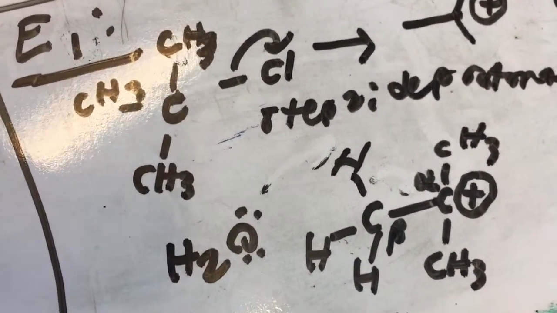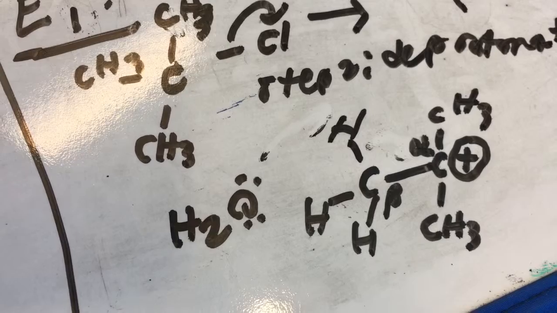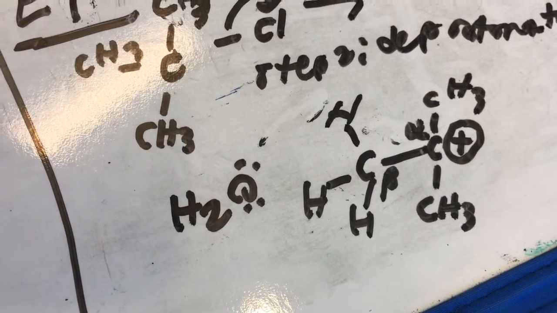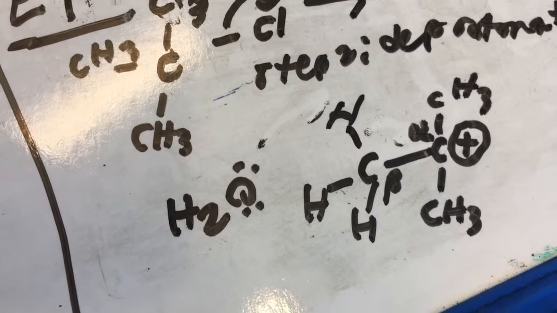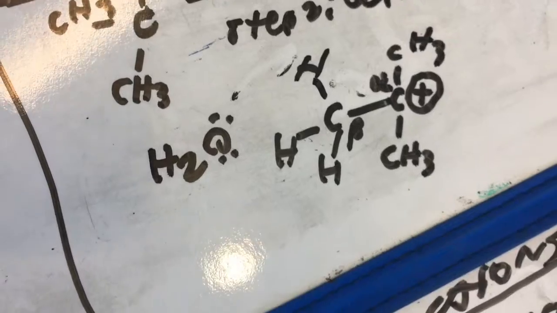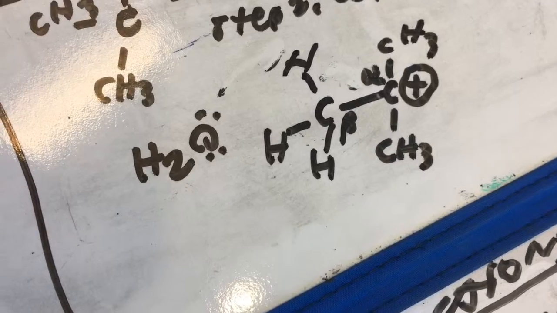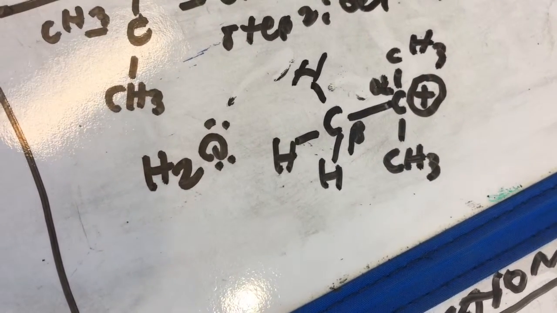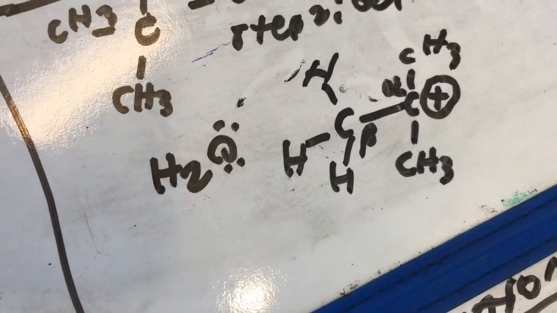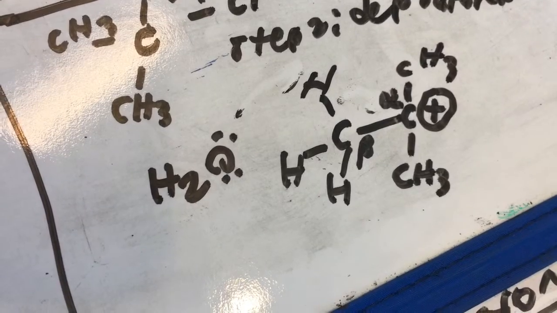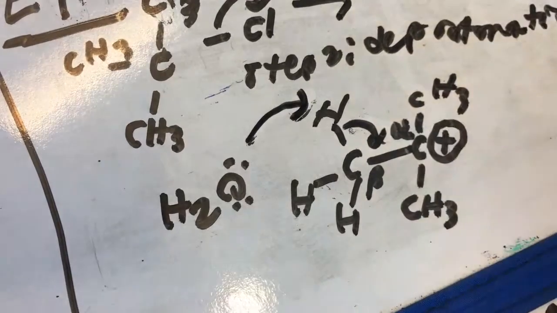If this was a secondary carbocation, then we would look at the two carbons and determine which one takes priority for this reaction, or if both have the same priority, you end up with two different products in equal amounts. So then you pick which of these beta hydrogens you want to use, and then you basically just continue the reaction normally.